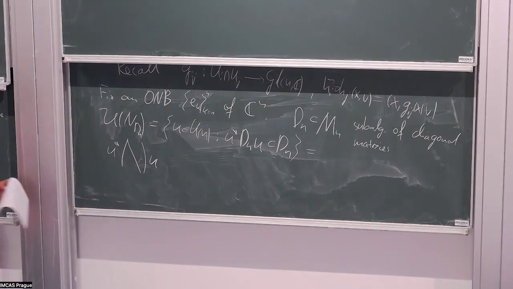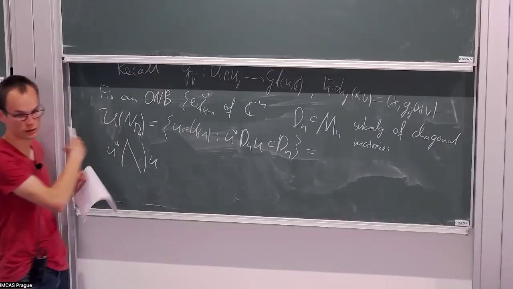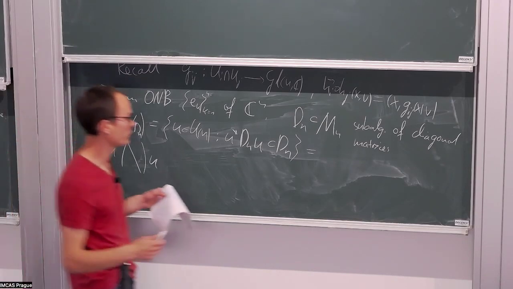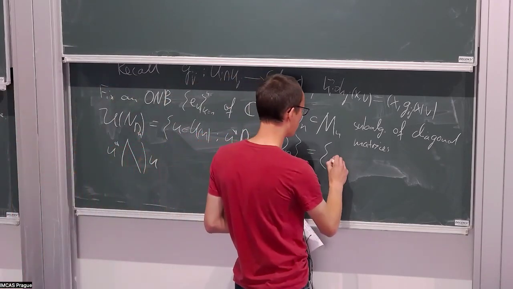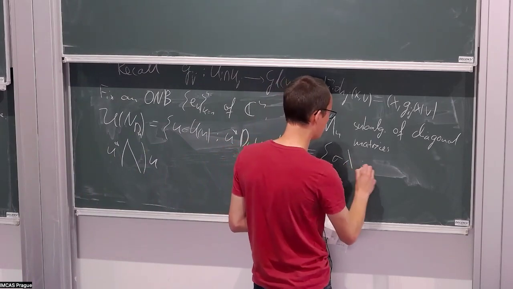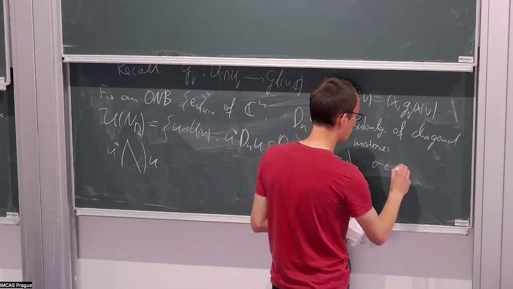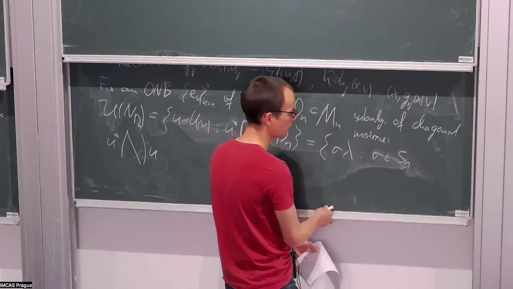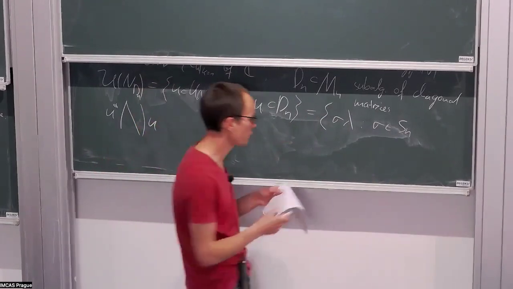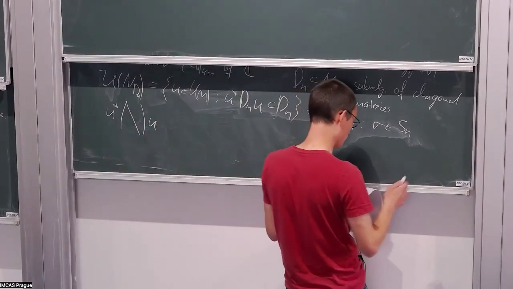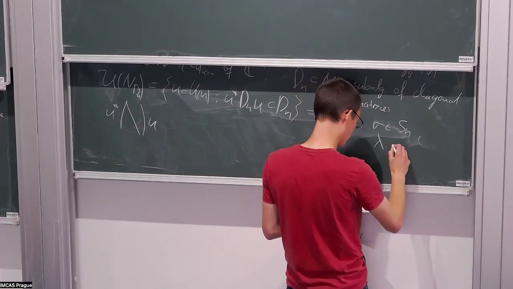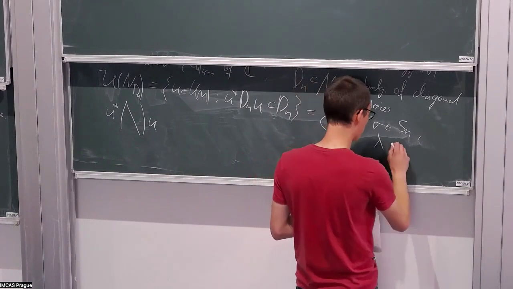So all we're allowed to do is to permute the diagonal entries and to multiply them with some numbers. Okay, so this will be exactly the set of matrices of the form sigma times lambda, where sigma is a permutation matrix. So I identify S_n with the corresponding permutation matrices, and lambda is a unitary diagonal matrix.